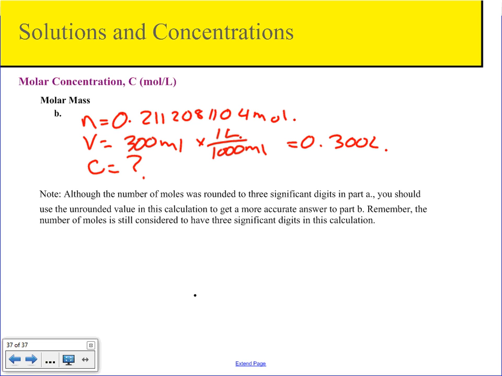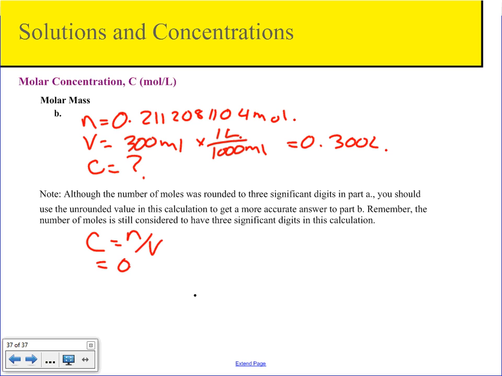Note that although the number of moles was rounded to 3 significant digits in part A, you should use the unrounded value in this calculation to get a more accurate answer to part B. Remember, the number of moles is still considered to have 3 significant digits in the calculation. So concentration is number of moles over volume.